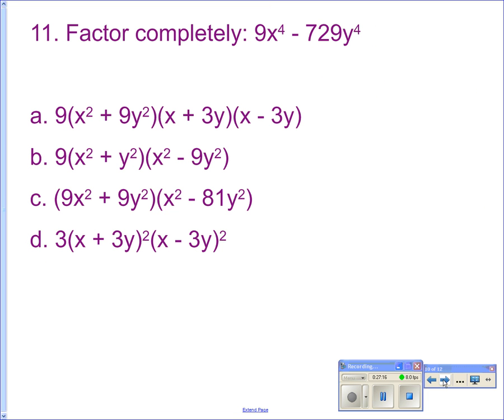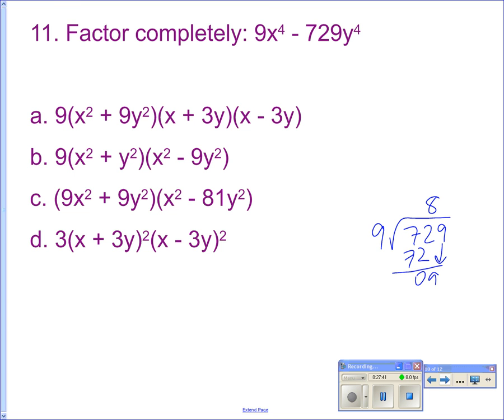Again, if you will keep paying attention, you don't have to write this one down. 9x to the 4th plus or minus 729y to the 4th. Again, crazy numbers. What do you guess might go into both of them? 9. So let me test that. Will 9 go into 72? How many times? 9 times 8 is 72, gives you 0.